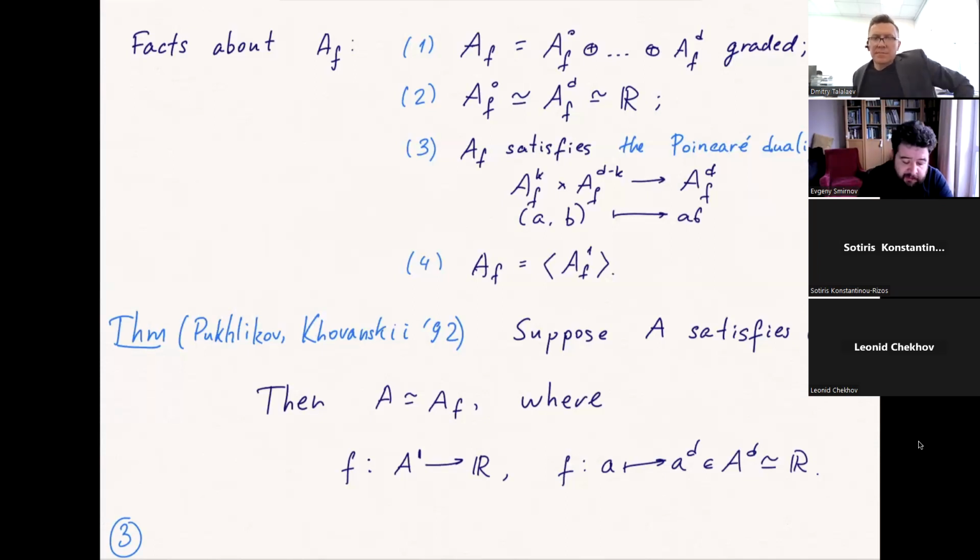These four properties define such a ring.